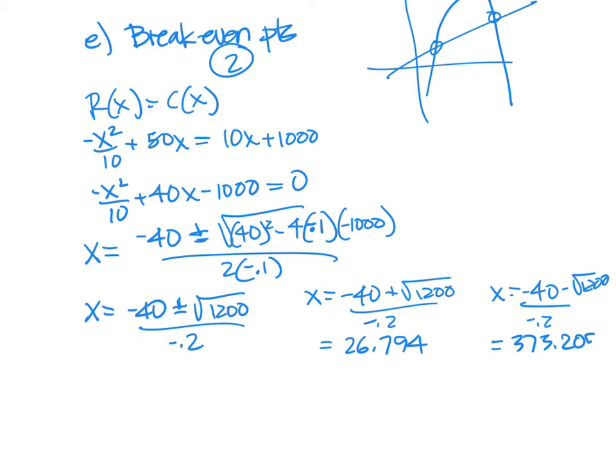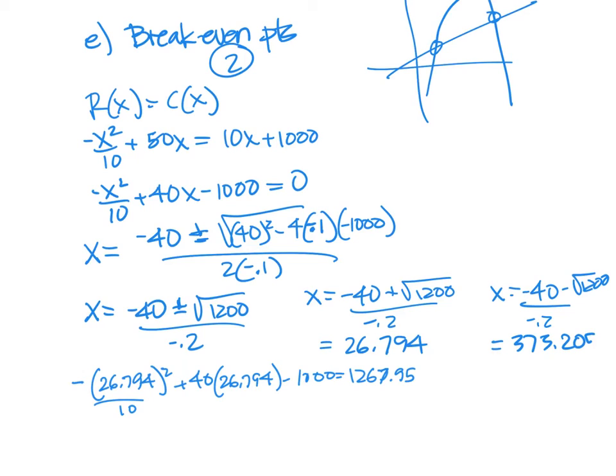So when I plug these in, I am placing the 26.794 into the function. So we have negative 26.794 squared divided by 10 plus the 40 times 26.794 minus 1,000, and we end up with 1267.95. All right, so now we're going to do the same thing for the 373.205.